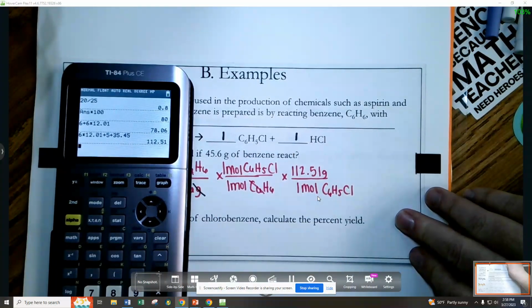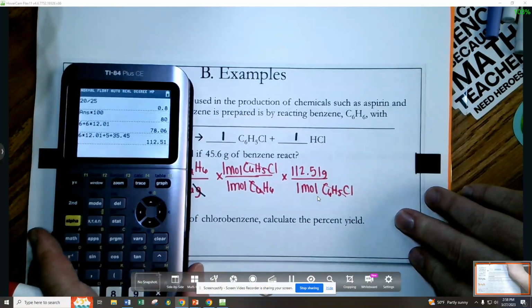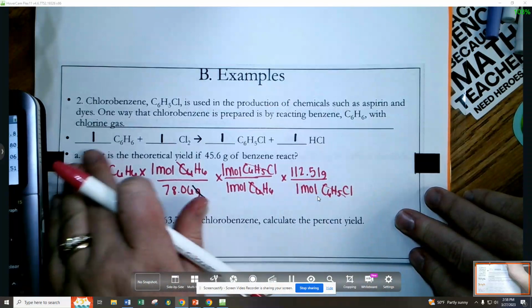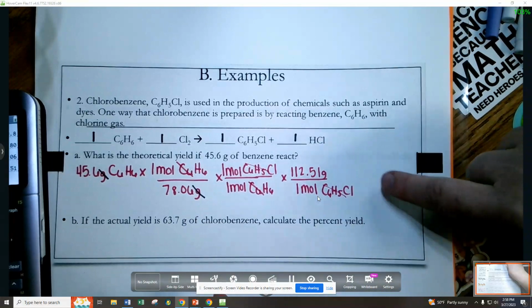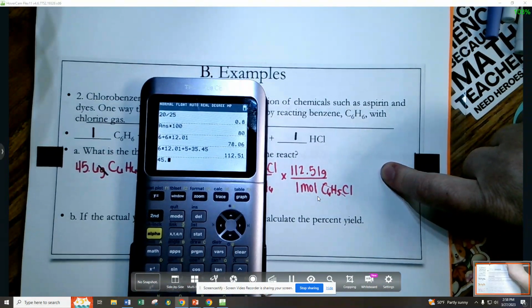Okay. So keeping track, I'm now at grams, and specifically grams of my chlorobenzene.